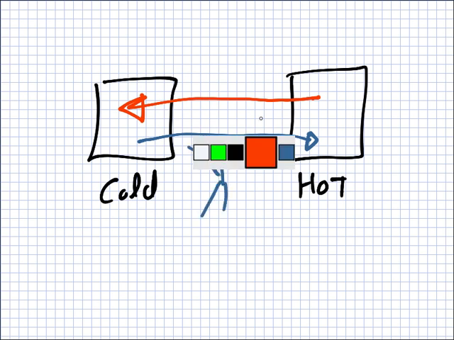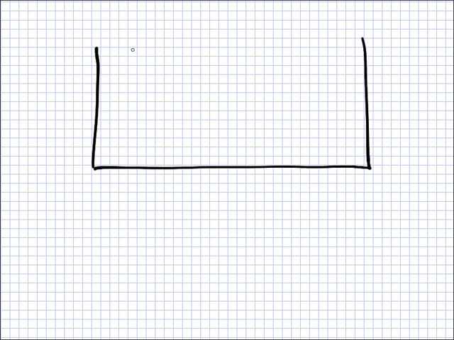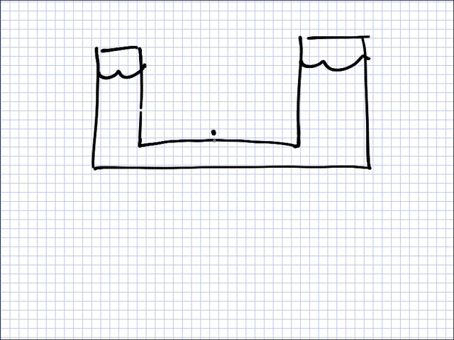Okay, so for example, maybe you have here this water, and there's a door here, okay, and this side we'll say is 10 Celsius and this side is 90 Celsius, okay, and I lift this up.